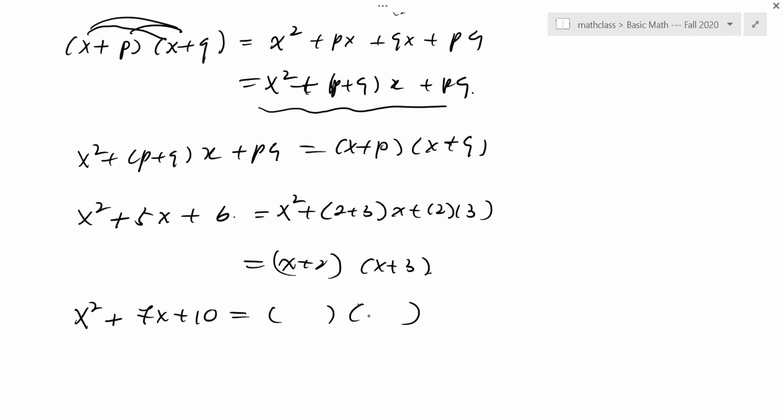So what we should do here is this is p plus q, this is p times q. So can you figure out the possible integers for p and q so that the sum is 7 and the product is 10? So it's x plus 2 and x plus 5.